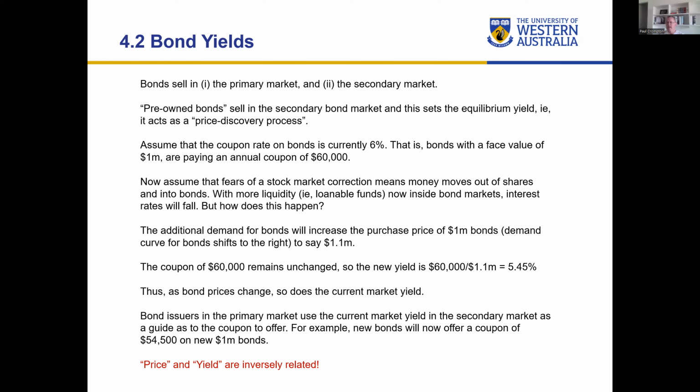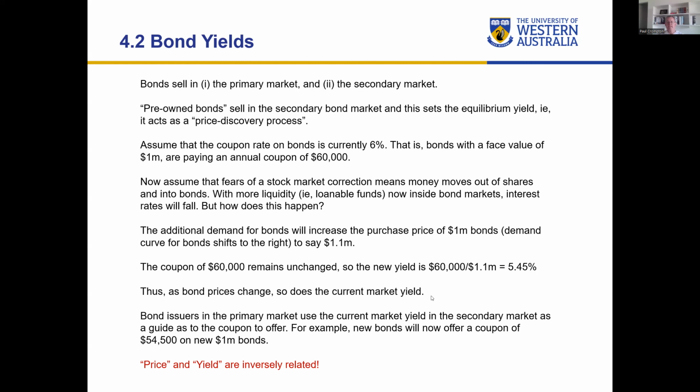You look at the secondary market and you'll see bonds with a face value of a coupon payment of $60,000 selling for 1.1 million. That implies a very simple coupon yield of 5.45%. So it's this interest rate that then tells you that if you want to issue new bonds into the primary market, you will have to pay a coupon of $54,500 on a $1 million bond, which gives you the same 5.45% yield as similar bonds selling in the secondary market. Okay, so hopefully all of that makes sense.